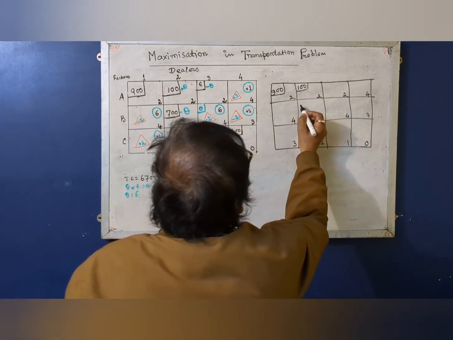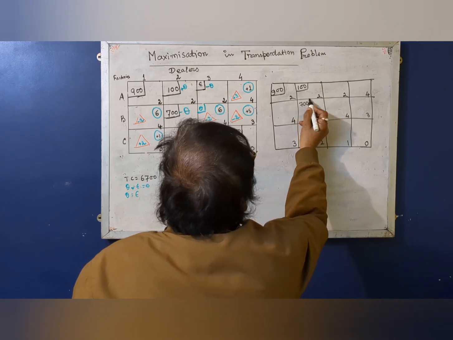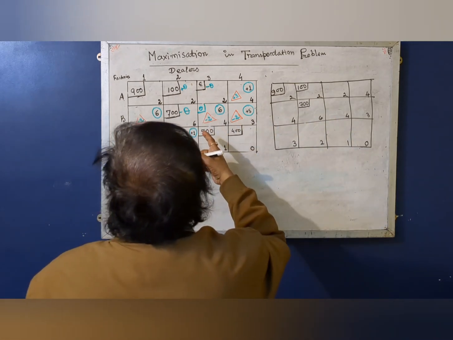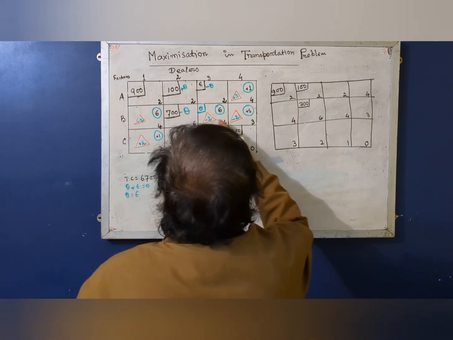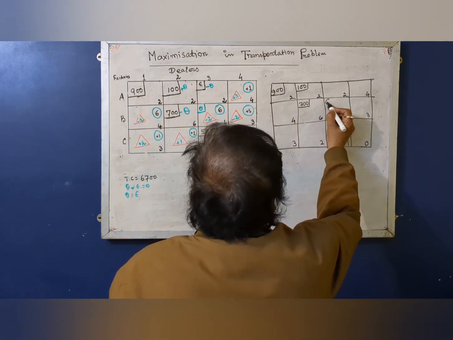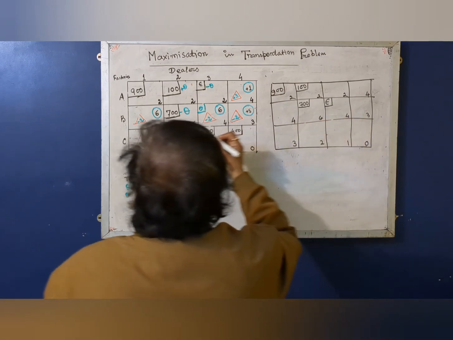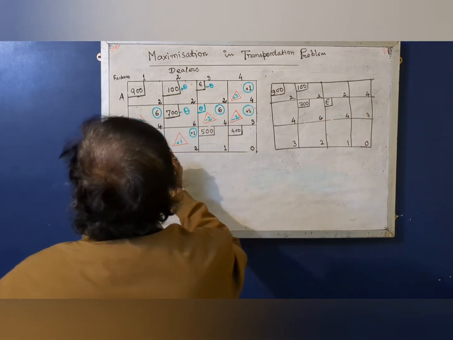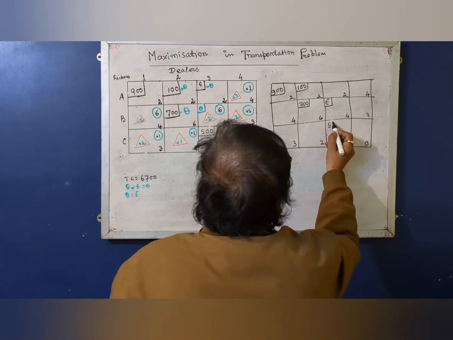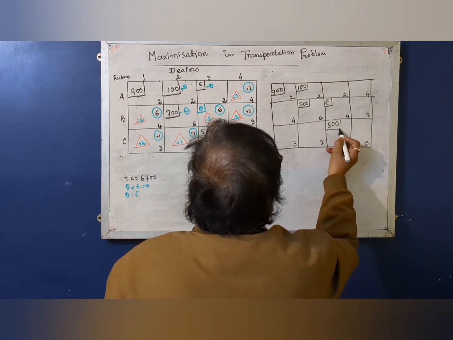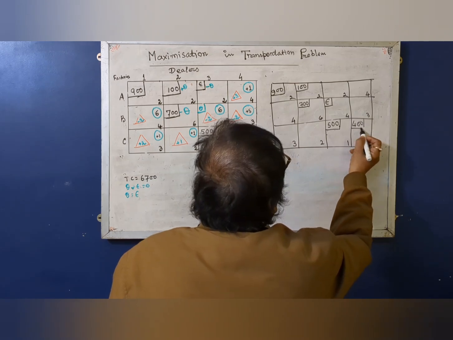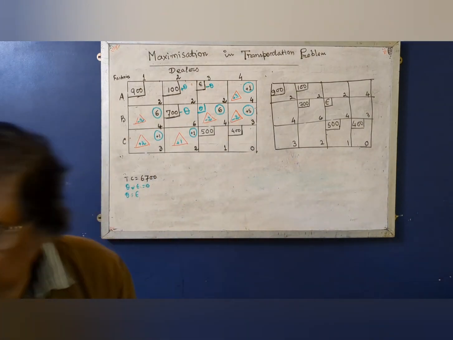And 700, 700, and theta, which is epsilon. The value of theta will be epsilon, and this is 500, 500 and 400, in this way.